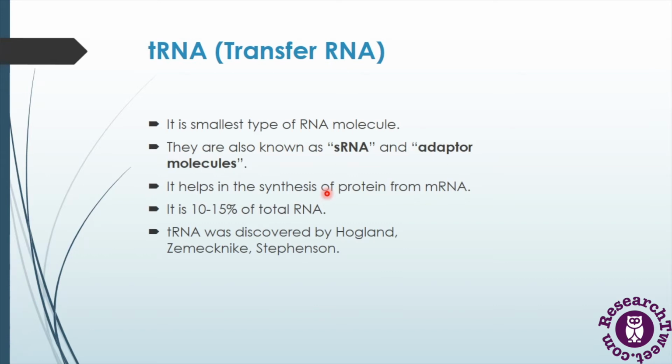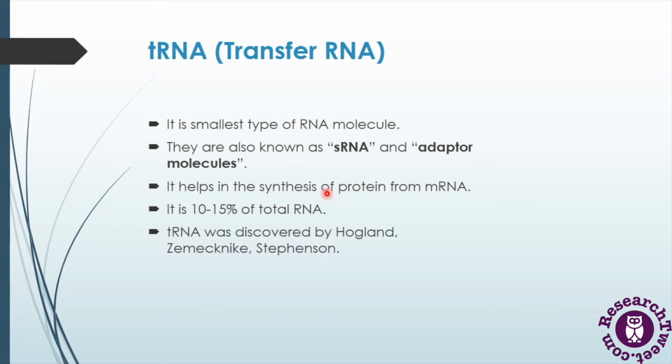This type of RNA is commonly called tRNA, and its molecules act as temporary carriers for amino acids, thus the name transfer RNA. These molecules play an important role in the process of translation. The tRNA has the smallest chain among all the RNA molecules, and the primary structure of tRNA consists of only 70 to 80 nucleotides.